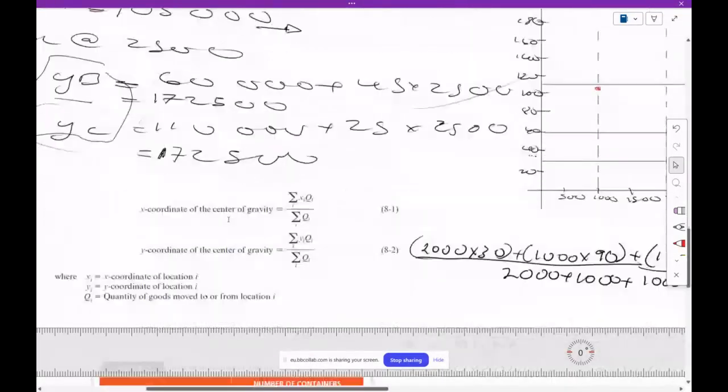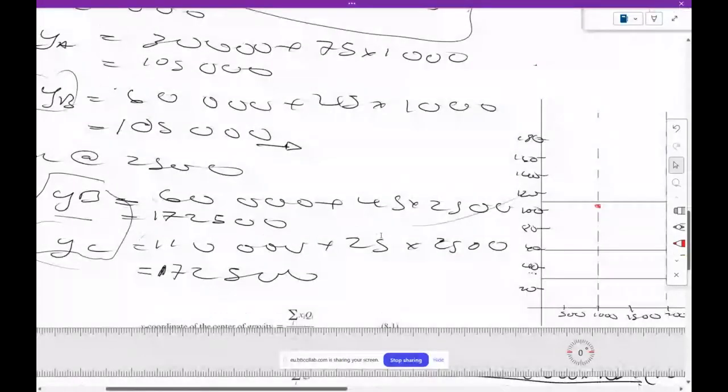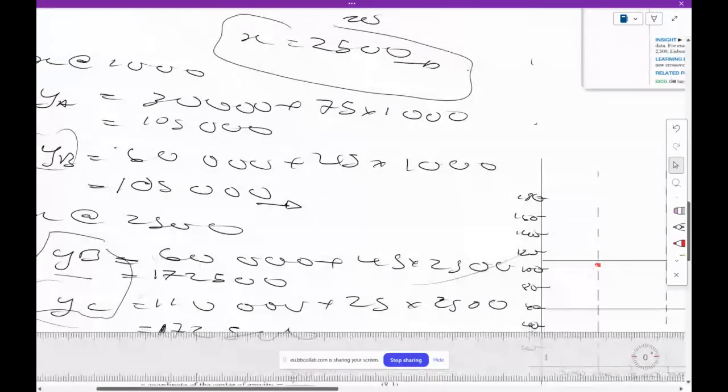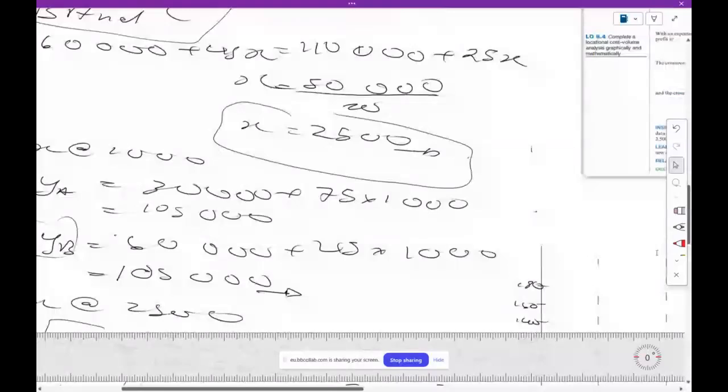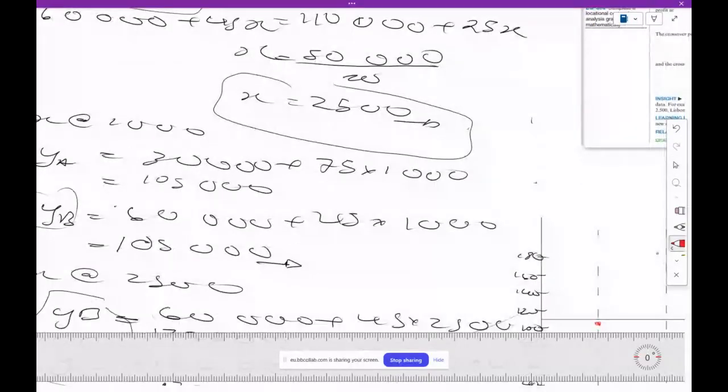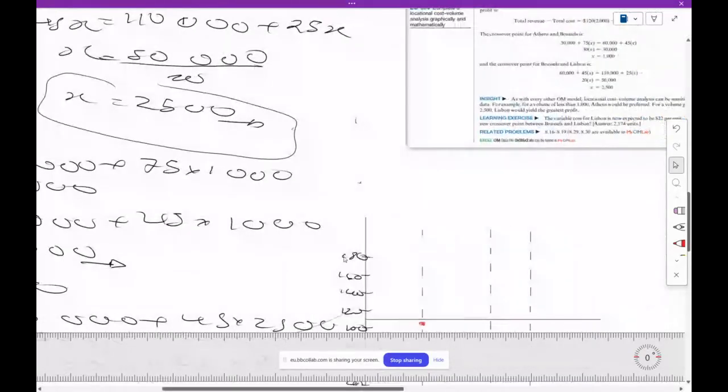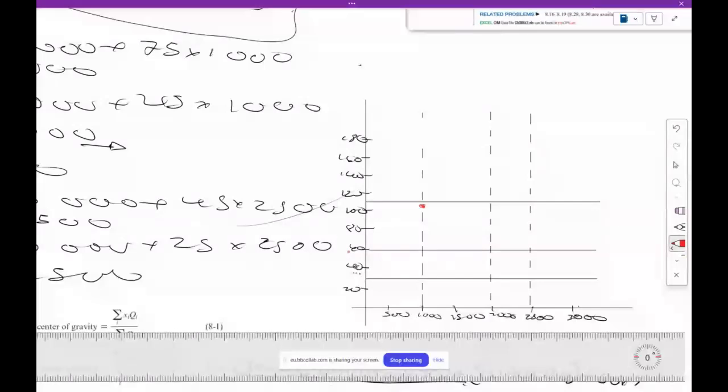Then it's going where? It's going to 180 at 2000. You see, it's going to 180.